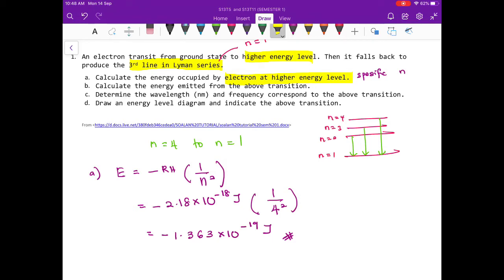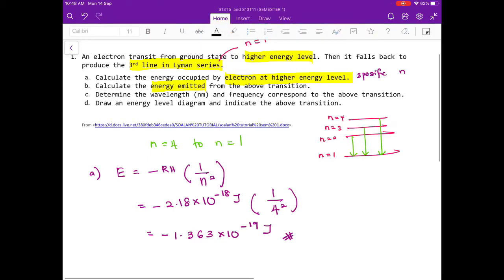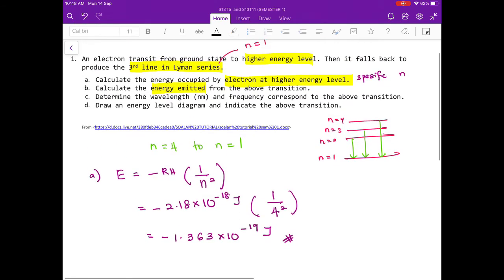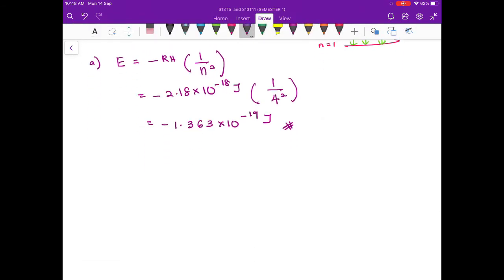Okay, now we look at question B. Calculate the energy emitted. You are supposed to know that energy is emitted when an electron makes a transition. To calculate the energy, we apply delta E is equal to RH times (1 over n initial squared minus 1 over n final squared). To produce the third line in the Lyman series, the electron makes a transition from 4 to 1.